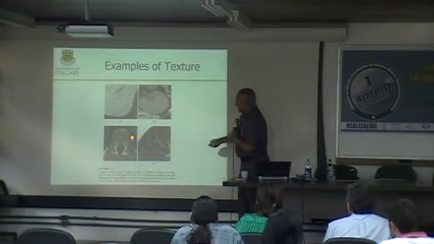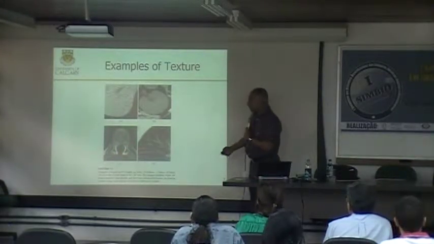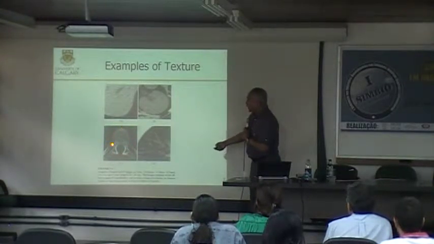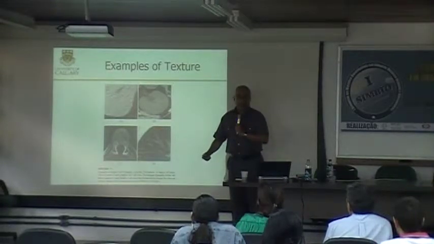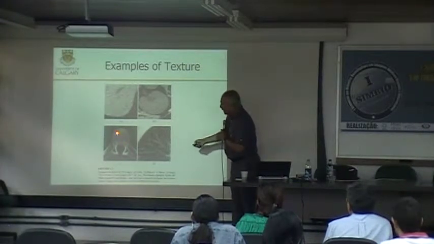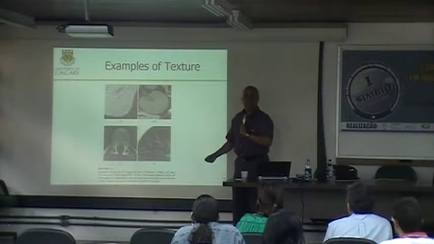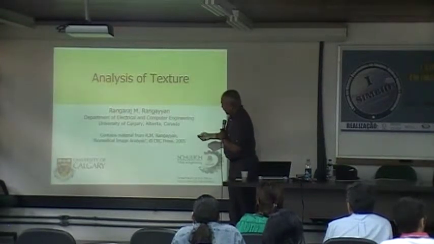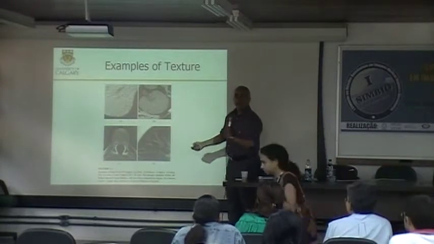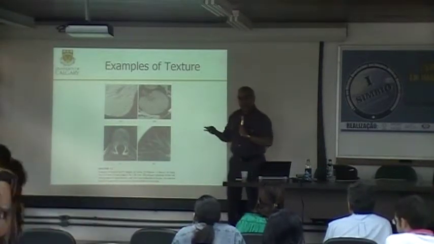This is a slice of the vertebra. You can see the edges of the bone. That's not texture. Inside, there is some variation in gray level. That is texture. Sorry. This is fairly smooth. So maybe there is not much texture.